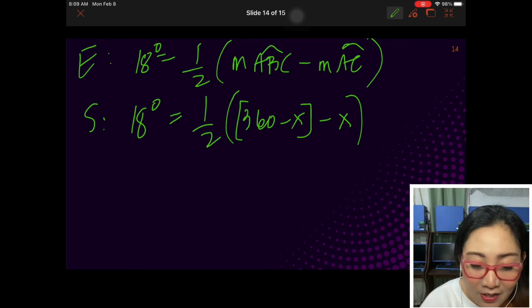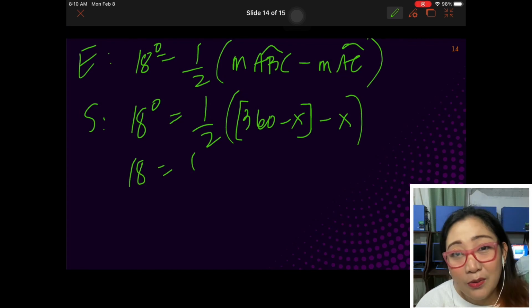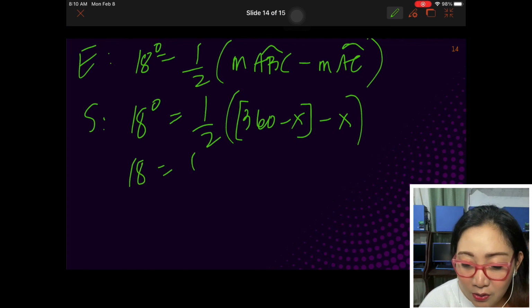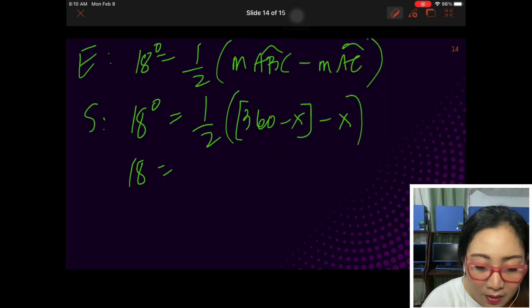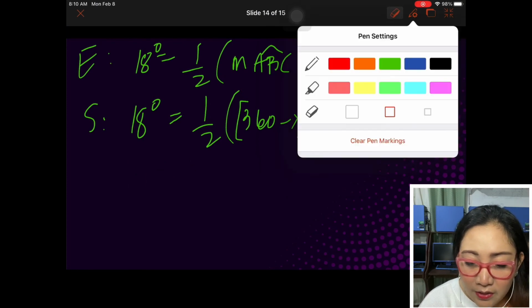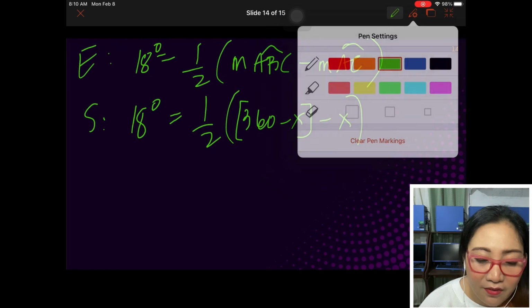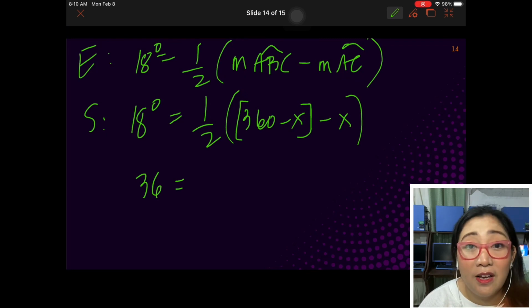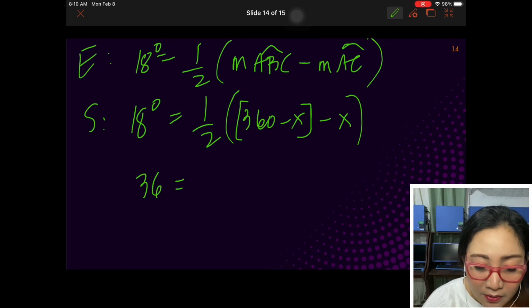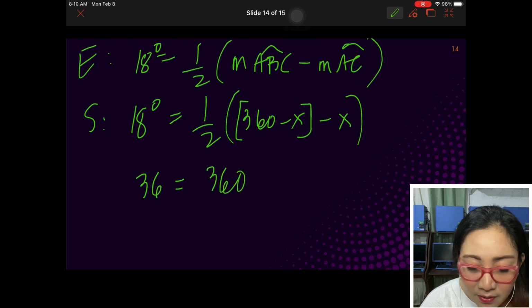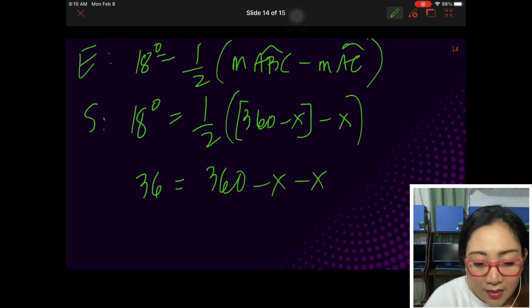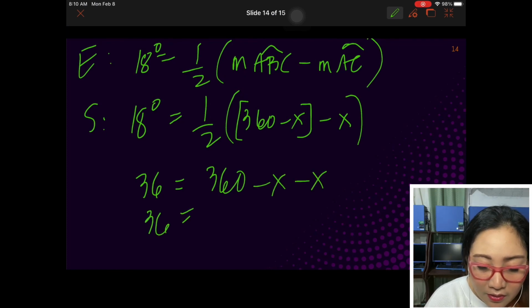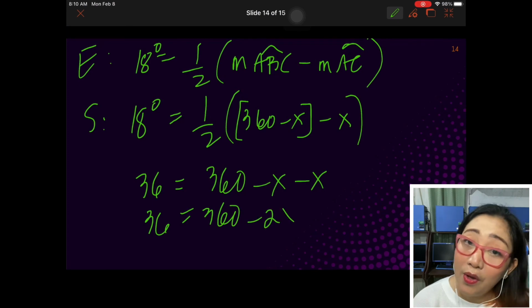Yun ang ating kailangan gawin. So, paano natin gagawin yan? Kung gusto nyo, you can get rid of the fraction first. Kasi ako, sa totoo lang, yun ang unang-una kong ginagawa. We will multiply everything by 2. So, ito ay magiging 36. Tapos ito, mawawala na yung 1/2 niya kasi 2 over 2 is 1. So, meron na lang akong 360 minus X minus X, and that will just be 360 minus 2X.